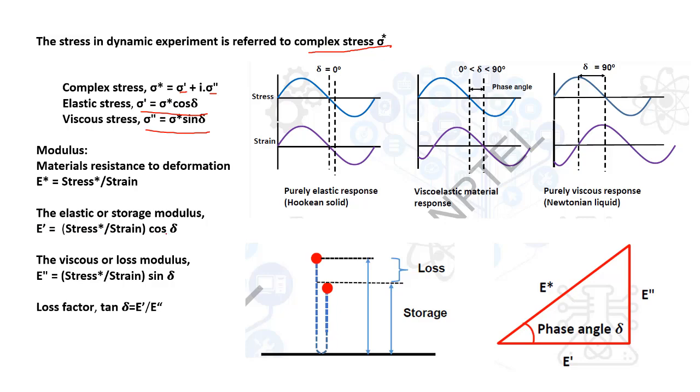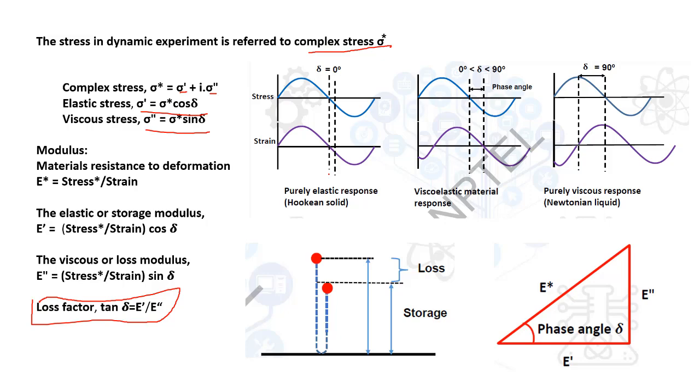And the viscous or loss modulus, E double dash, is equal to E star into sine delta. Then the loss factor can be calculated using the formula tan delta is equal to E double dash divided by E dash. And then the delta can be 0 to 90 degrees.